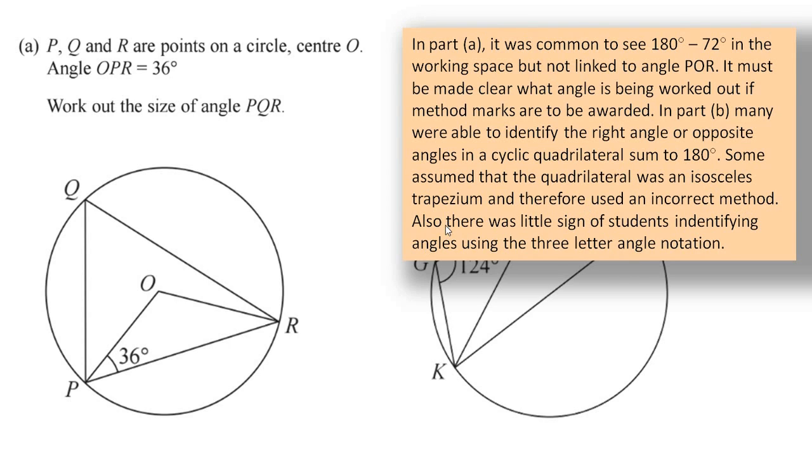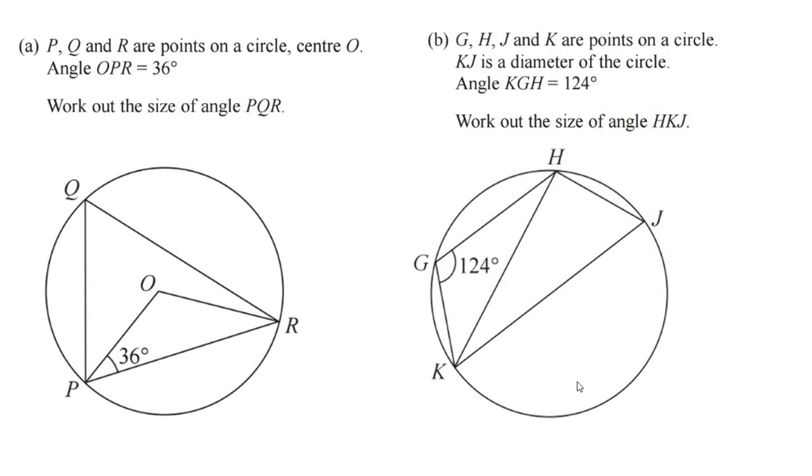Finally, there's a complaint at the end. They say there was little sign of students identifying angles using the three-letter angle notation. So this angle POR, for example. And so as I work through these problems, I'm going to be very careful to get those method marks as well as the right answer by carefully notating what angle we're working on.